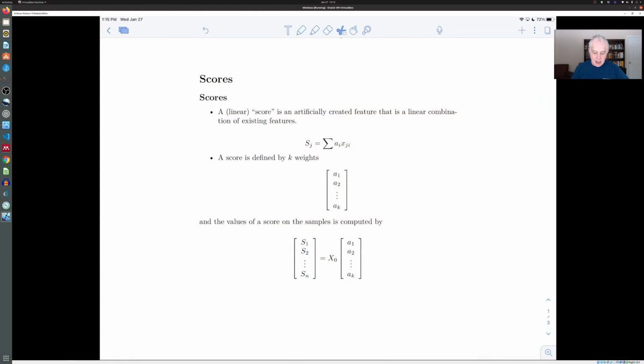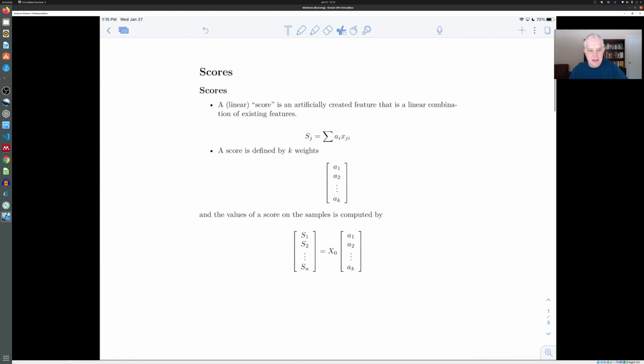So just to restate the definition, a score or a linear score is an artificially created feature that is made up of a linear combination of existing features.